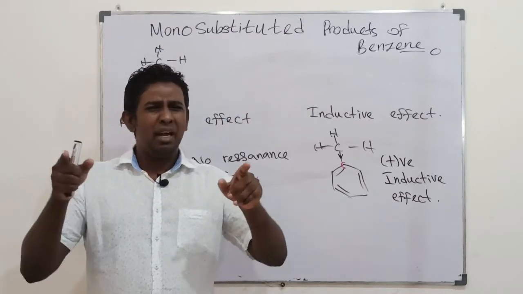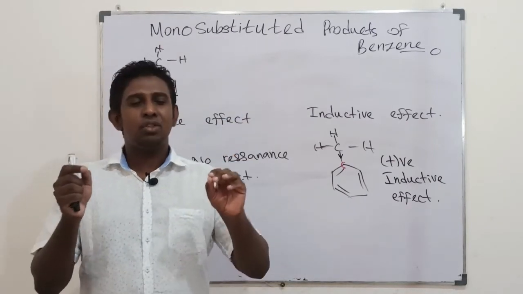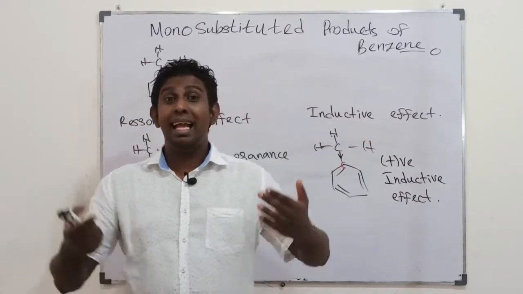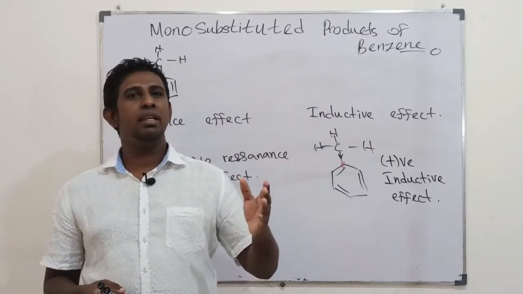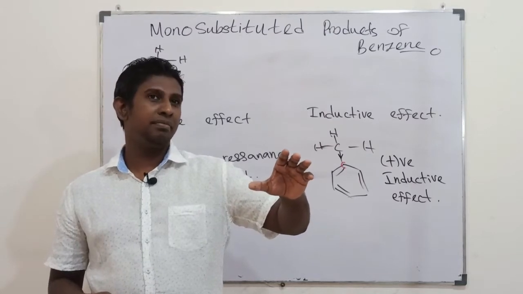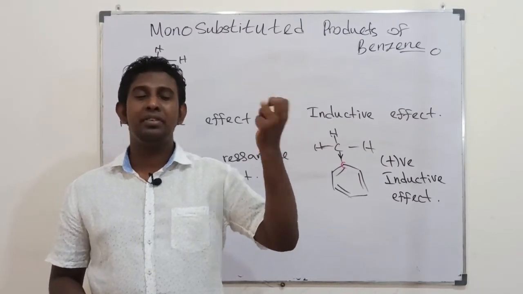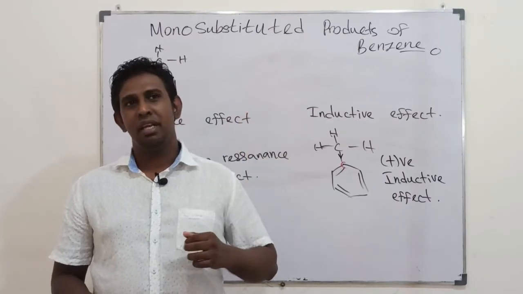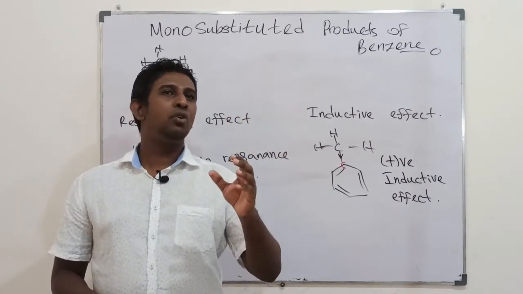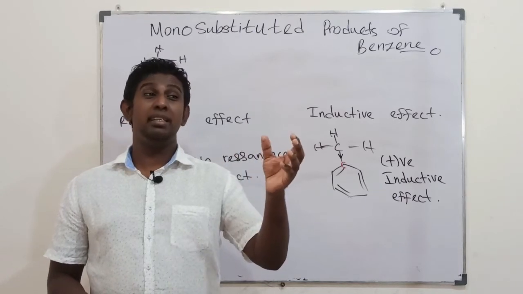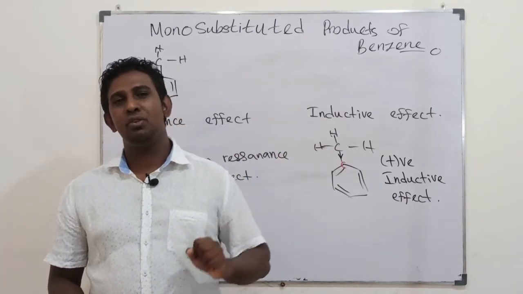But at this time the method is quite different. At earlier times, we showed the resonance effect, the positions carrying more negative charge. Only then did we say it's an ortho-para directing group or a meta-directing group.